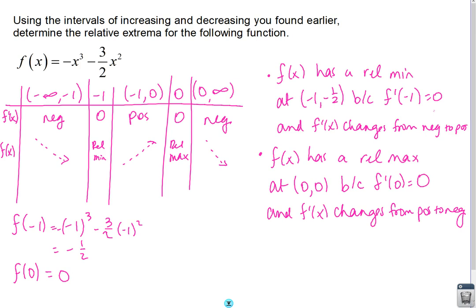Okay? All of this, all combined, gives us what is called the first derivative test. There's going to be a lot of words on this page. I highly, highly recommend that you write this down, okay? Writing it down really helps solidify it in the brain, okay?